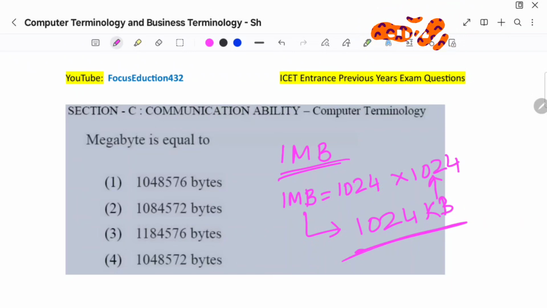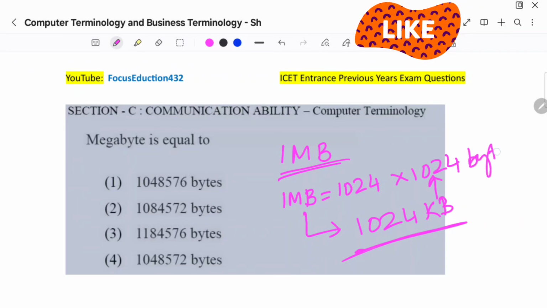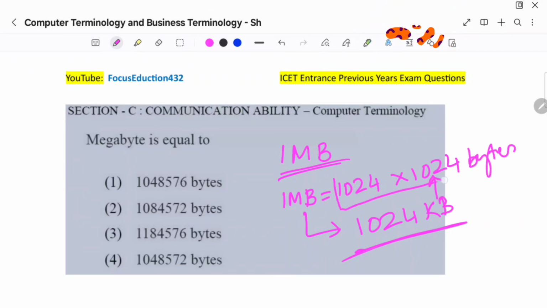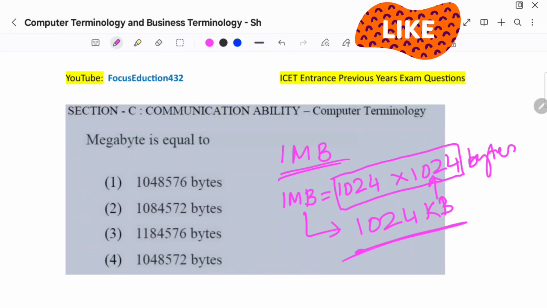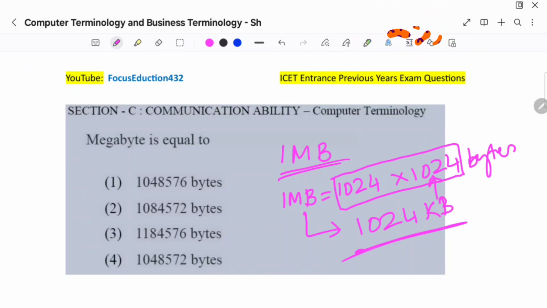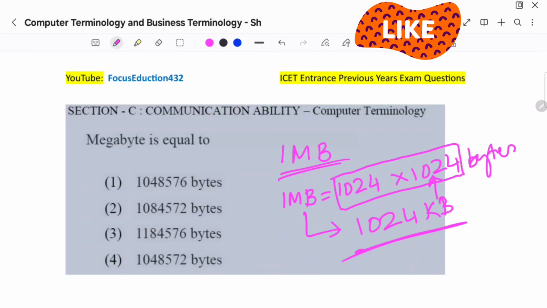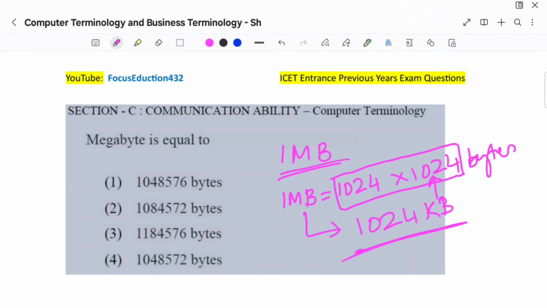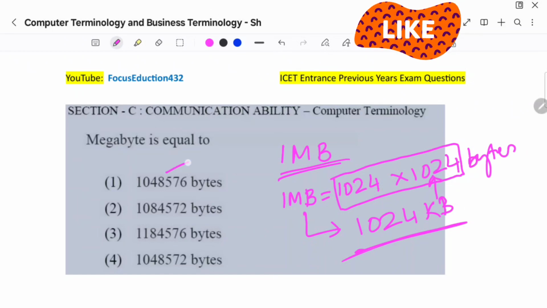So 1024 into 1024 bytes make 1 MB. Whatever number you get when you multiply 1024 by 1024, that many bytes are in 1 MB.